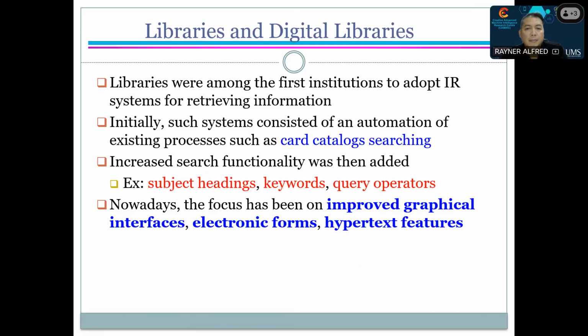But now most of them are digitized already. So how do you retrieve digital information? Last time we had text, but now we have graphics, we have forms, and also we have links that we can use to improve the information retrieval further.